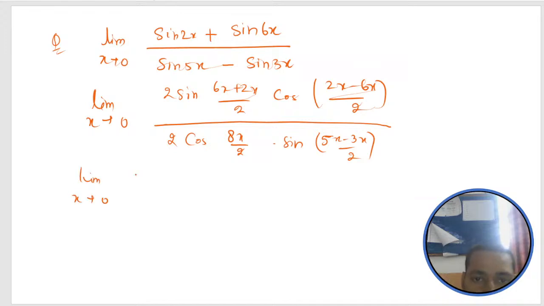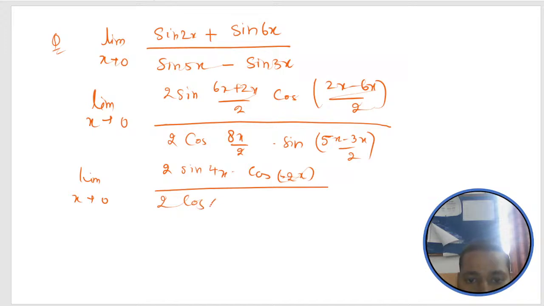Here, the limit x tending to 0: sin C plus D means 6x plus 2x, 8x by 2, which is sin 4x, into cos of (6x minus 4x) by 2, which is 2x, divided by 2 cos 4x into sin of (5x minus 3x) by 2, which is 2x by 2.